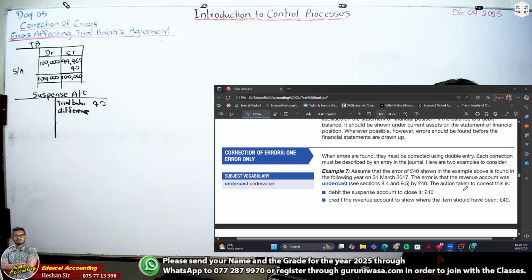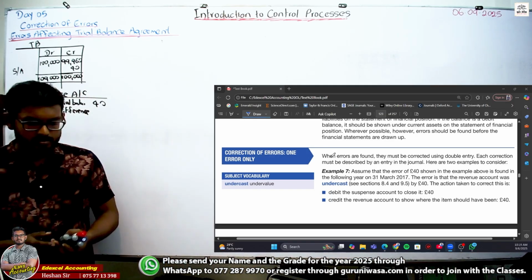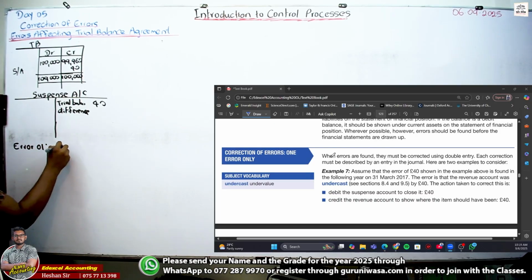Credit the revenue account. The error is that the revenue account was undercast by 40. Error number one, revenue account.